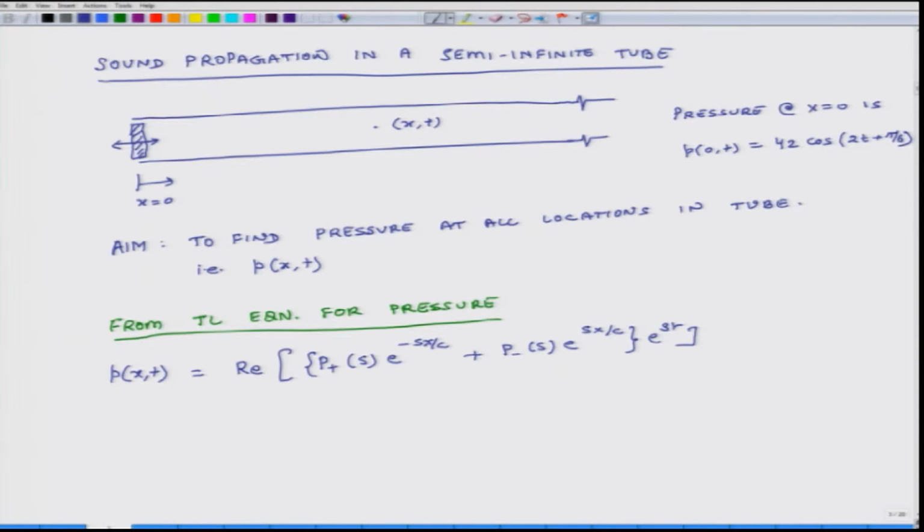Now, we have explained earlier that this term corresponds to a forward travelling wave and this term corresponds to a reflected wave.